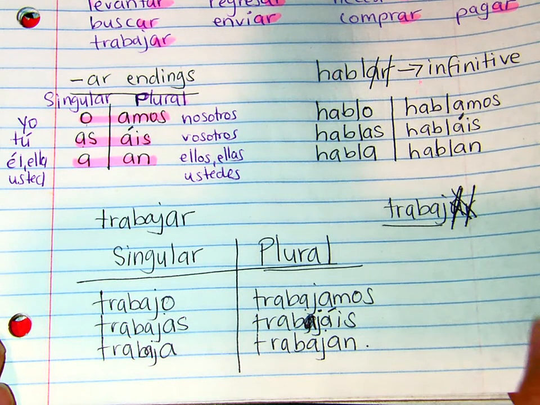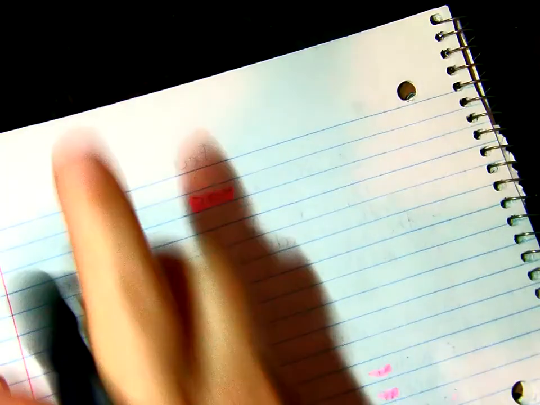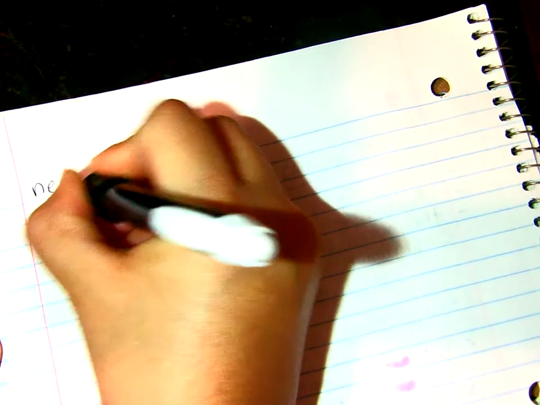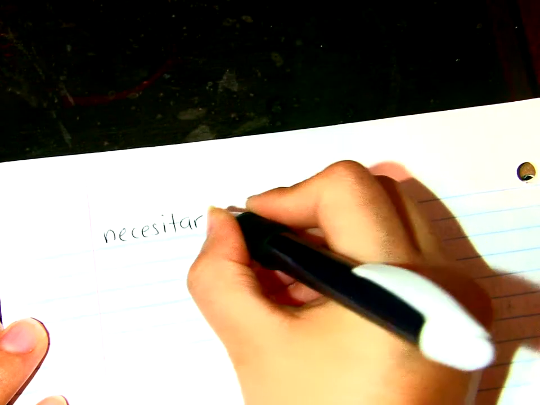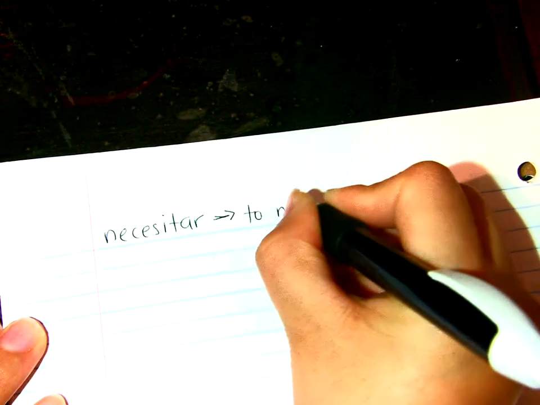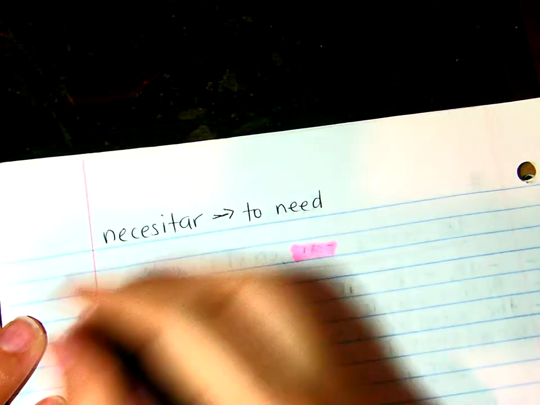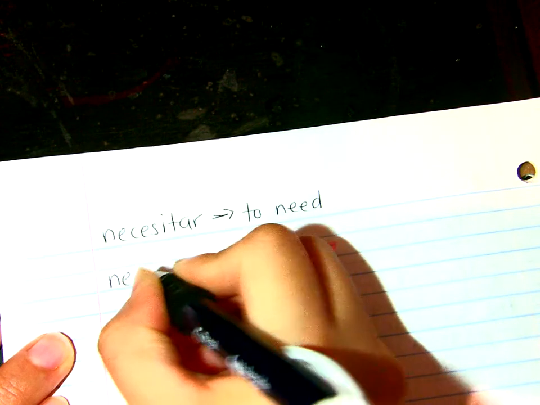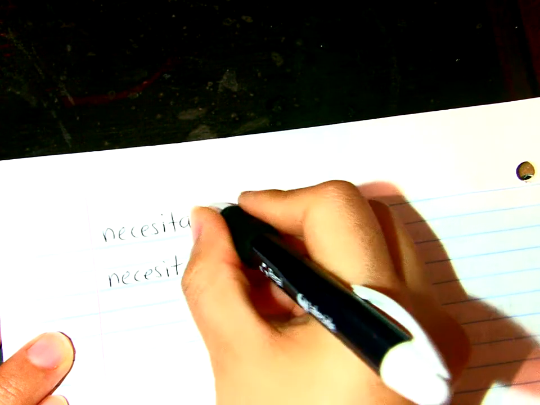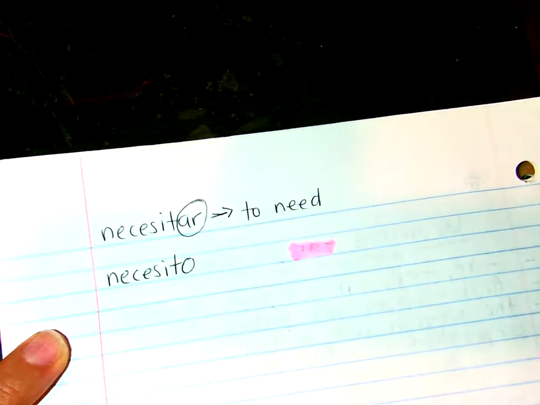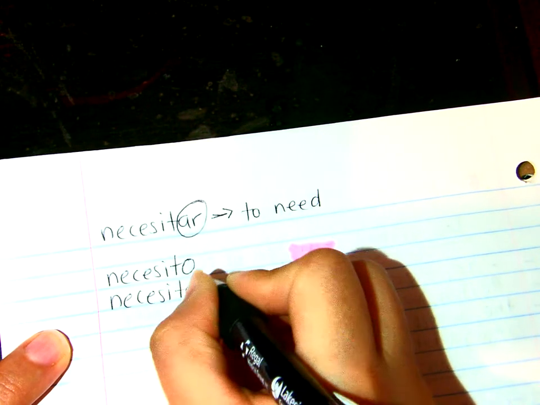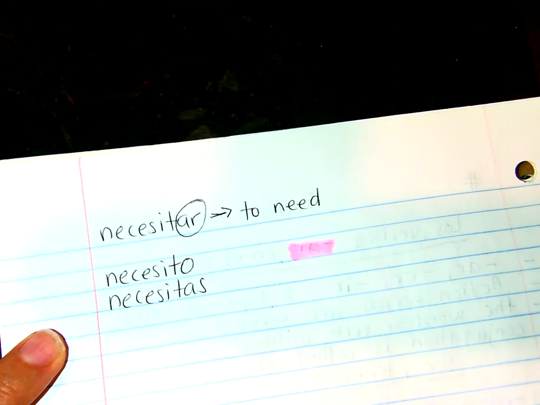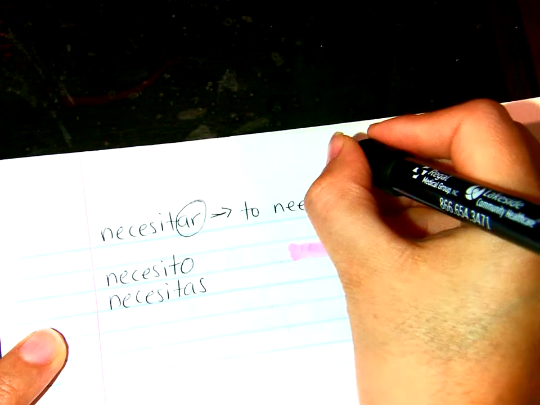Let's do one more. Let's do the verb necesitar. Necesitar. To need. Okay? I need. Necesito. After we drop the ending, necesito. You need. Necesitas. If we follow the endings, right?